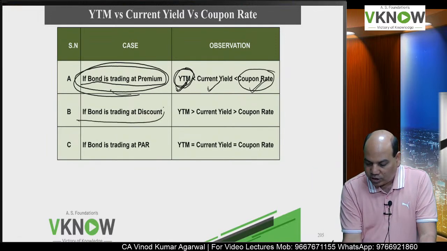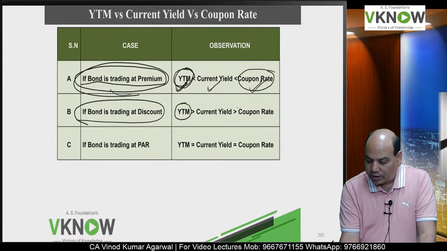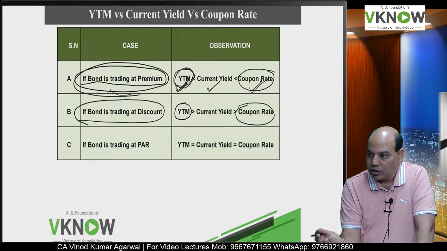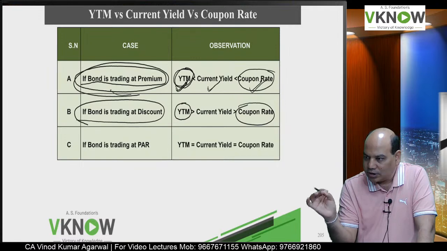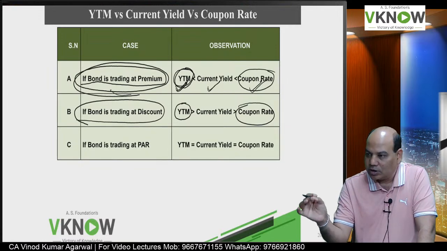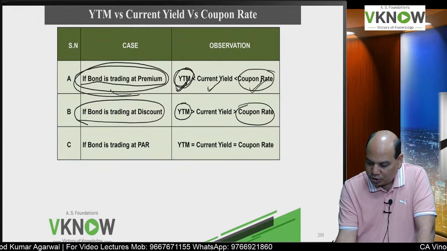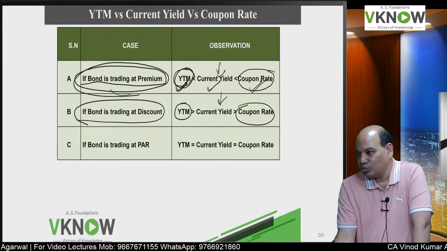And if the bond is trading at a discount, it will reverse. YTM will be greater than coupon rate, that we have already seen. But now with current yield, YTM will be greater than current yield, which will be greater than coupon rate. Understood? So current yield is between the YTM and the coupon rate.